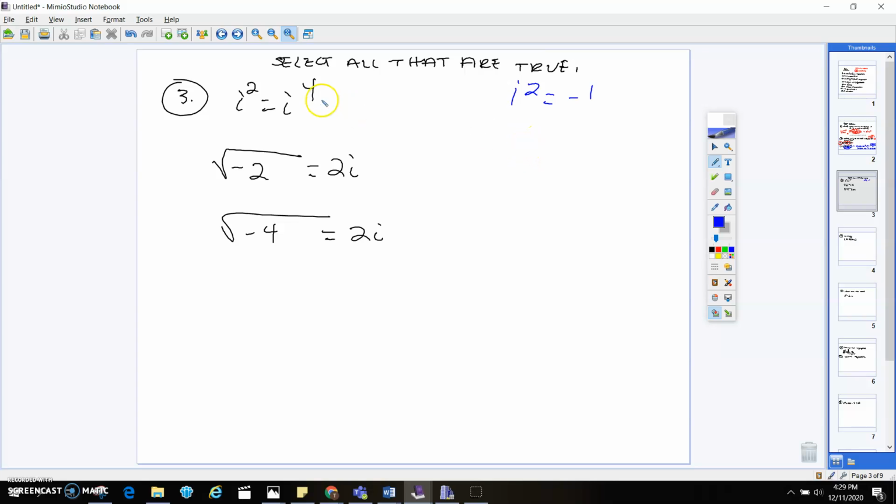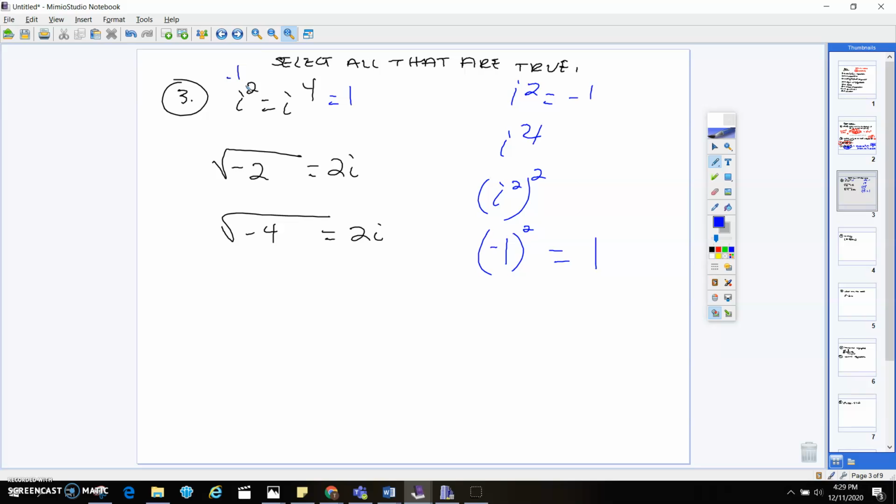So if I have i to the fourth, then that's really saying i squared squared. So that's negative 1 squared. So that's positive 1. So that would be 1, and this would be negative 1.